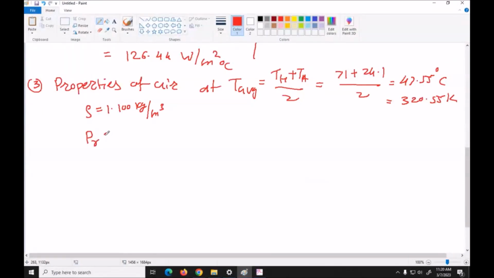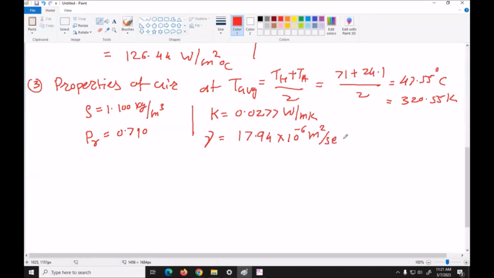Then the Prandtl number is 0.710. Thermal conductivity K is equal to 0.0277 watt per meter Kelvin. And kinematic viscosity is equal to 17.94 into 10 to the power minus 6 meter square per second. So once we know the properties, we can find out the numbers. The first important number is the Reynolds number.